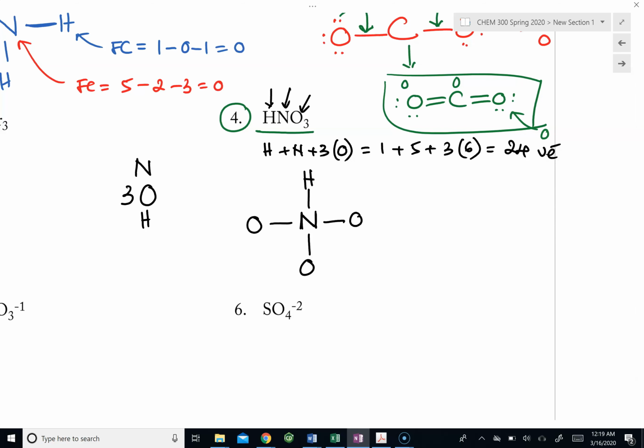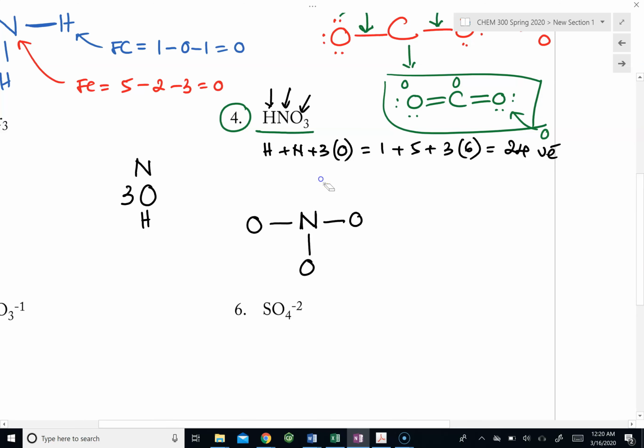Our guideline is again to complete the octet for the terminal atom first, and as we connect the hydrogens, we are basically giving electrons to whichever atom we connect it to. So this would be wrong. This is the answer that I think many of you would have. In this case, again, please understand why this is wrong.